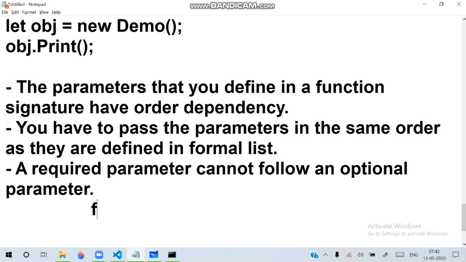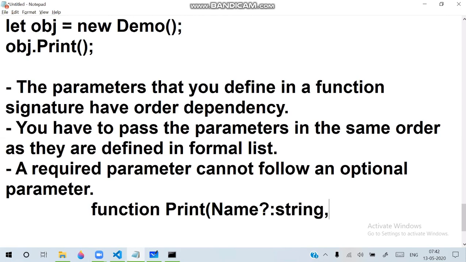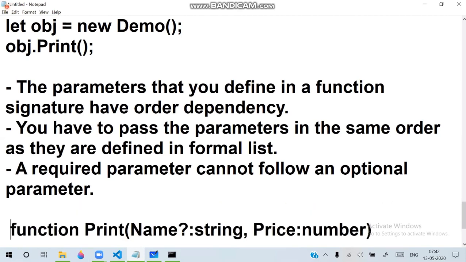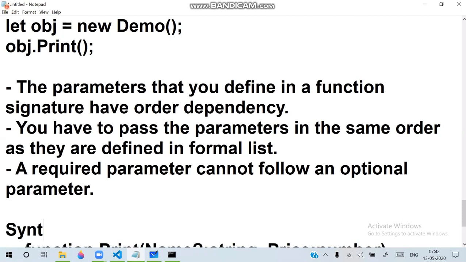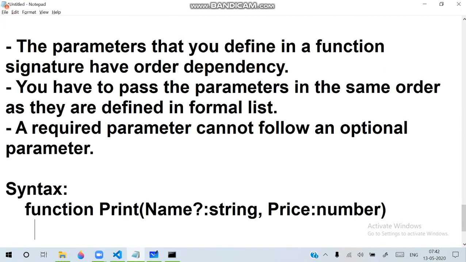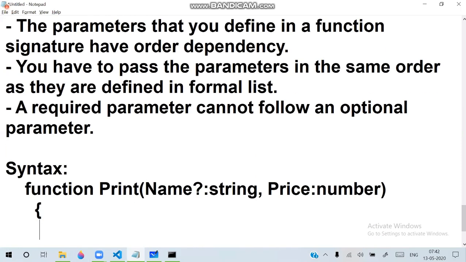That means I return a function as print, and here name is a question mark, a string type, and price is a number type, and we return a function like this. Syntax, we return a function like this, then this is invalid.